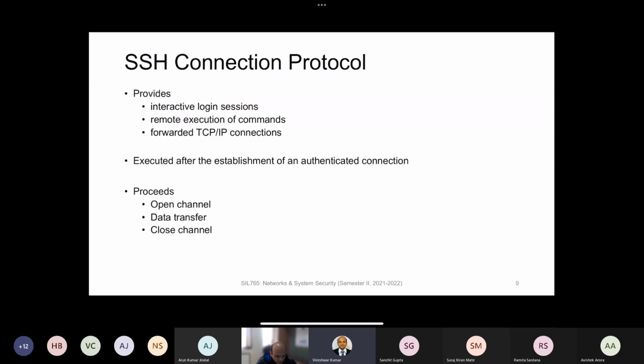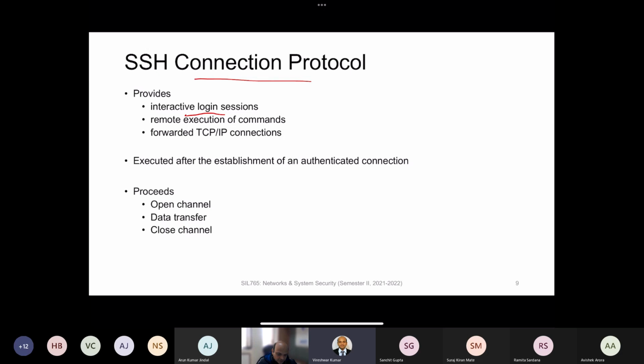Okay, so now we talked about this third protocol, the multiplexing of multiple logical connections, and again it runs over the SSH transport layer protocol.